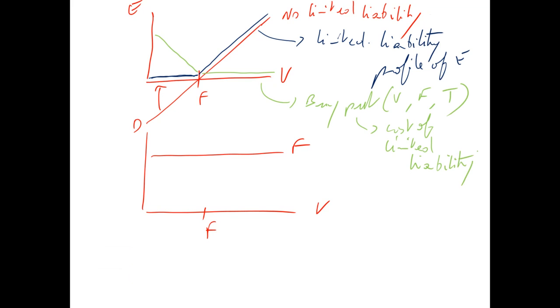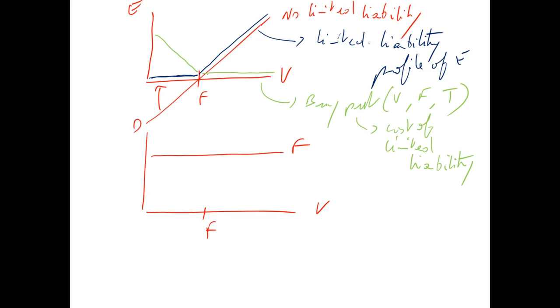So if you want your shareholders not to have a negative outcome at the maturity of the debt, and to have limited liability, you have to protect yourself with the limited liability. But this limited liability has a cost, and it's exactly like a put.